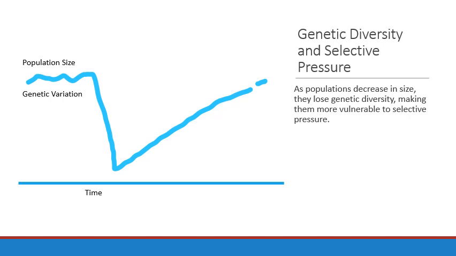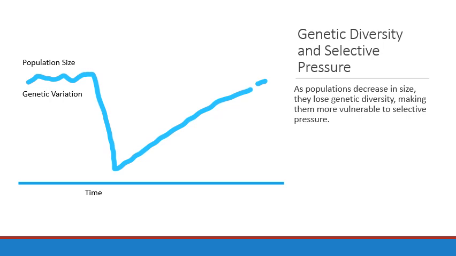As that population goes down, the allelic frequencies shift, and you end up losing unique alleles that may have given certain organisms within that population an adaptive advantage. When the population numbers begin to rise, the genetic diversity doesn't rise at the same rate. It will take millions of years to recover the genetic diversity lost from one near extinction event.